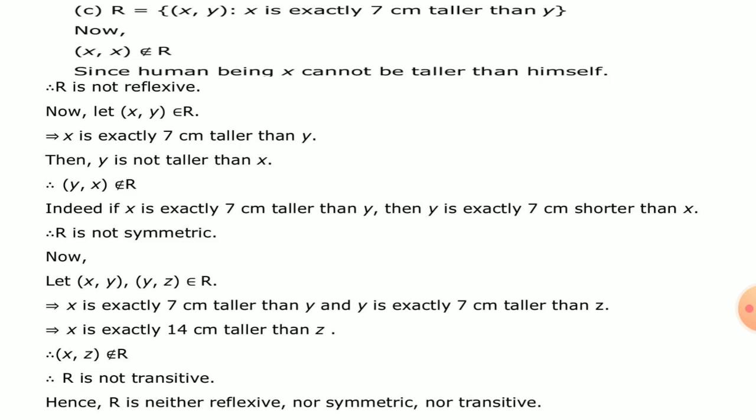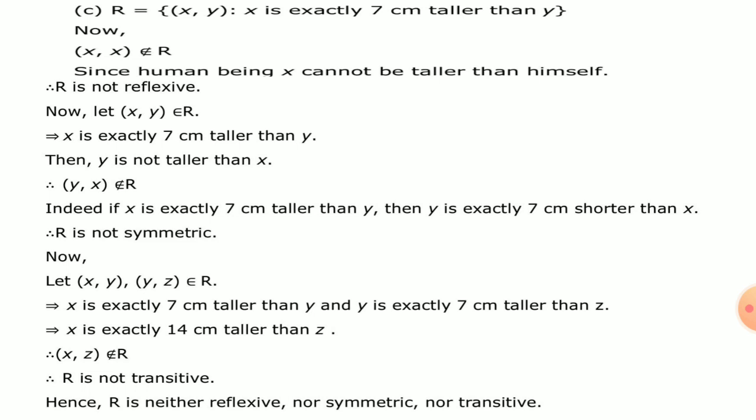Putting the value of y, x is equal to 7 plus 7 plus z, so x is equal to 14 plus z. That means x is exactly 14 centimeter taller than z. Therefore (x, z) does not belong to R, so R is not a transitive relation.